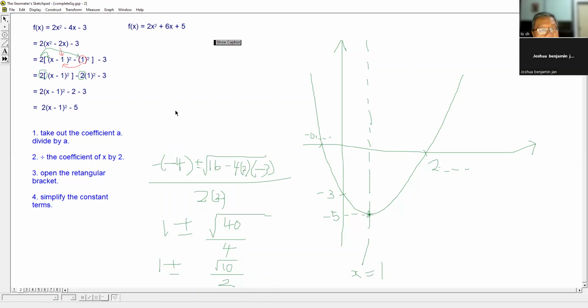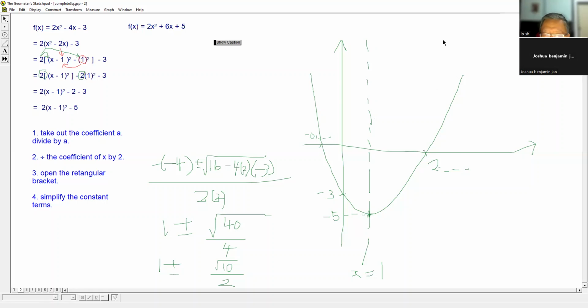Then you show me. I don't know whether this one has roots or not. The graph later, you just show me how to complete the square. Can or not? You see one step here, then you do one step. Okay?